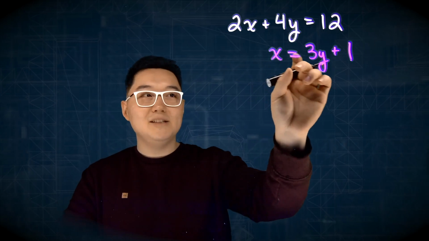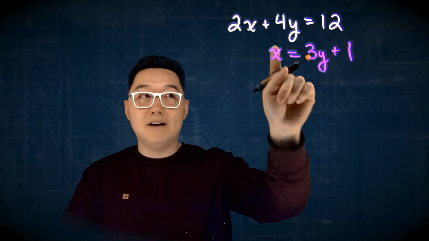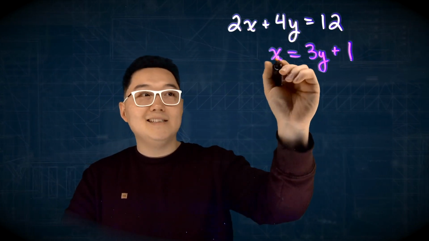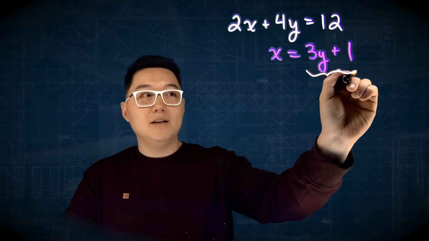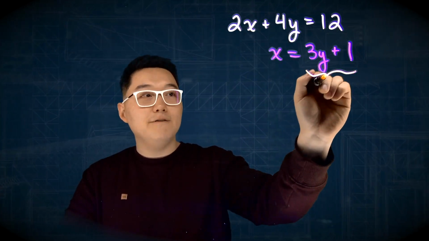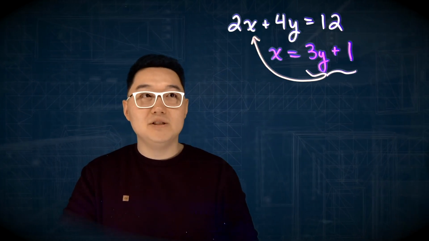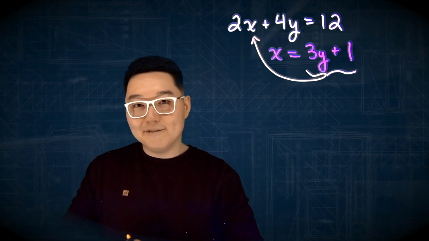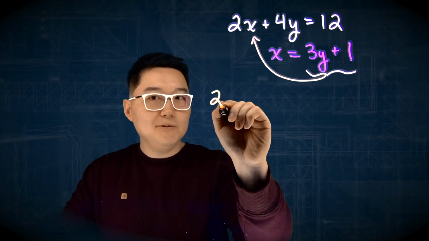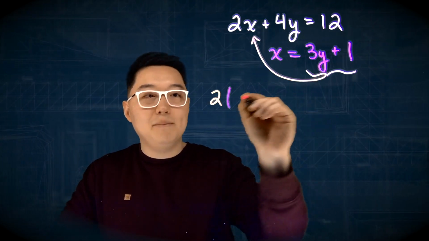Since x is equal to 3y plus 1, we now have a substitution not for y this time, but for x. Therefore, we can substitute 3y plus 1 for x, because that's what x is equal to. So what do we have? We have 2 times x, but what was x equal to? It's 2 times (3y plus 1).